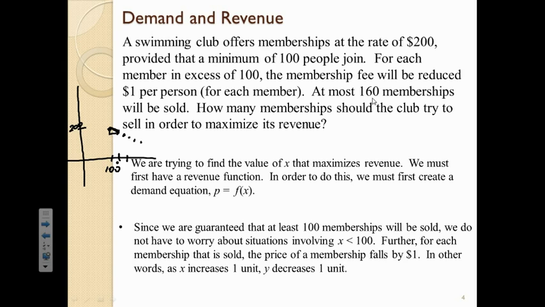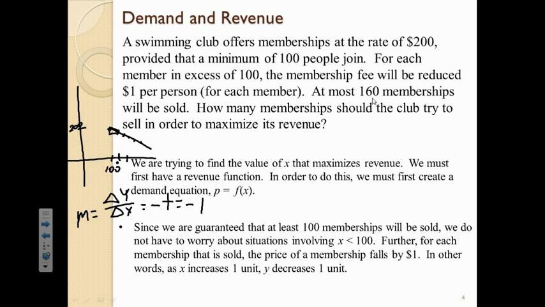If we're going down, our slope will be the change in y over the change in x. And we know that the line is going down, so it's going to be negative, and the change in y is 1. It goes down $1 for every member you get above 100. So the slope, that's a little hard to see, but it's going to be -1.